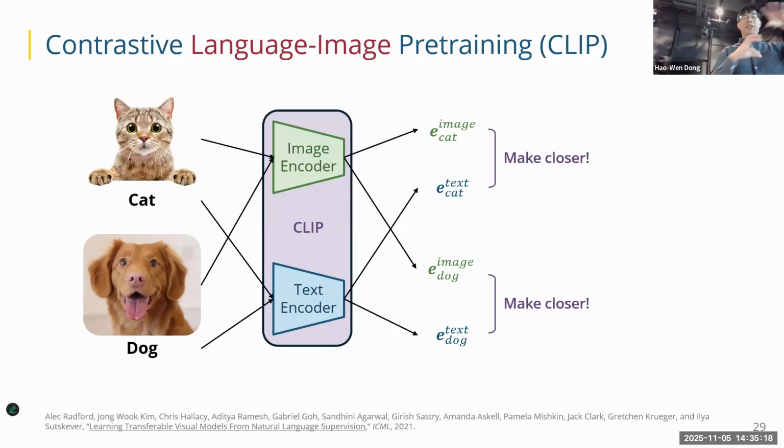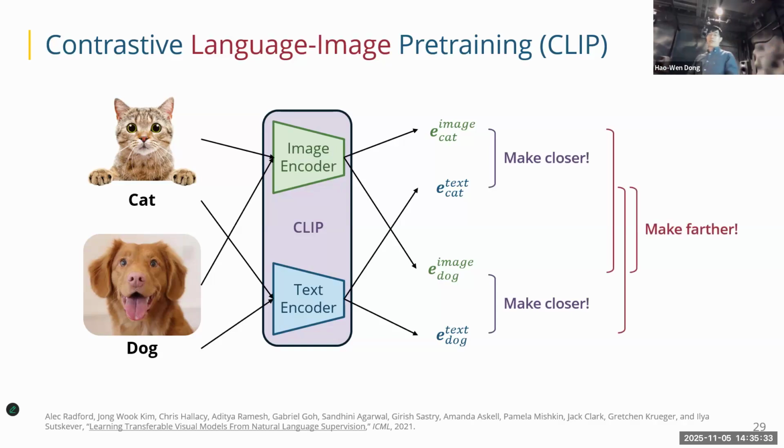So now you essentially train this kind of model so that this image encoder and text encoder will throw the same idea to the same place in that latent semantic embedding space. But everything else you want to make farther away. So the image of cat and the image of dog should be further away. And the image of cat and the text DOG, of course, have to be further away.